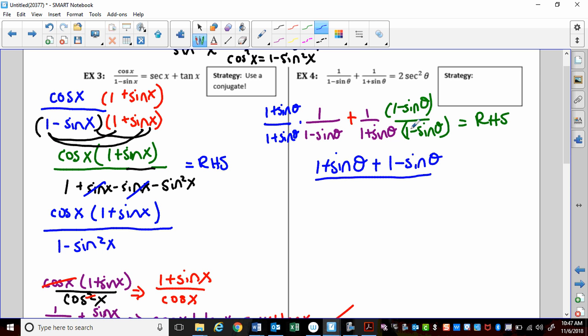They're the same denominator. I can FOIL this denominator, which is going to be 1. Remember that we're multiplying them by the conjugate. So it's going to be sine of theta minus sine of theta. That will cancel. And then we will have minus sine squared theta. And hopefully we will get this to look like the right-hand side.